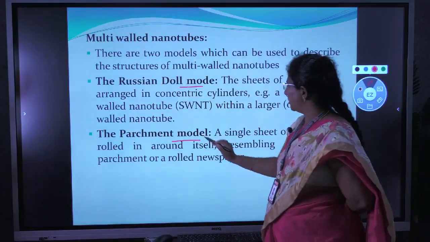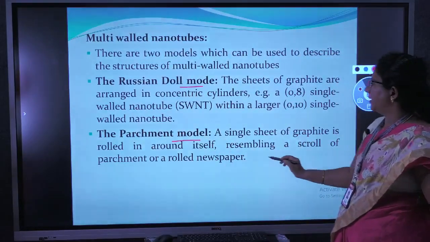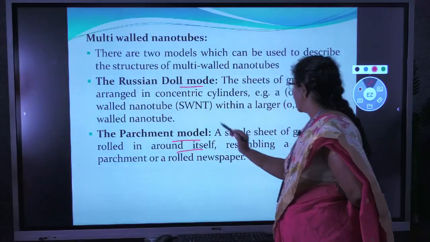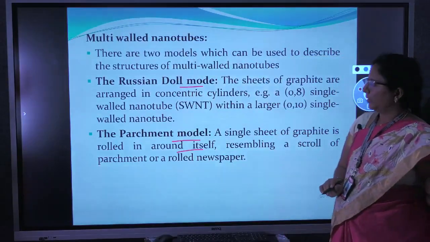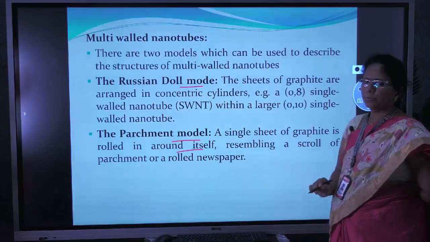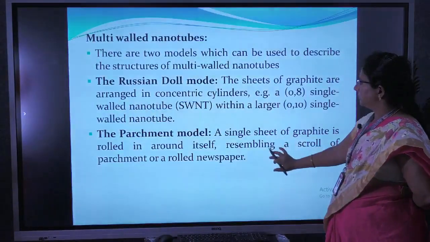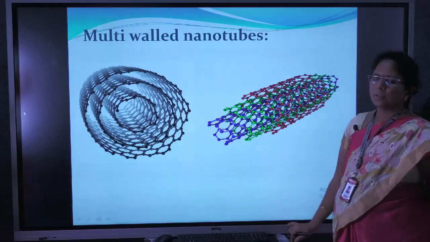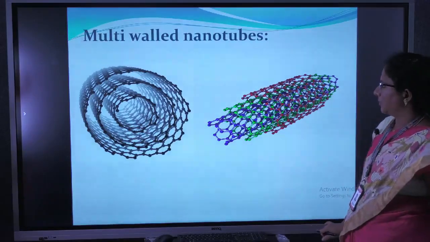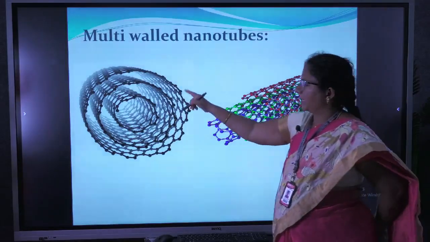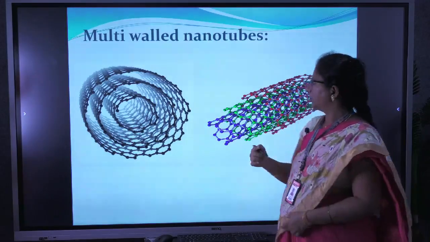And coming to the parchment model, a single sheet of graphite is rolled around itself, resembling a scroll of parchment or a rolled newspaper. So this is how the multi-walled carbon nanotubes look. See here, they are appearing like a rolled newspaper.